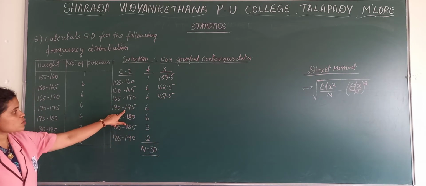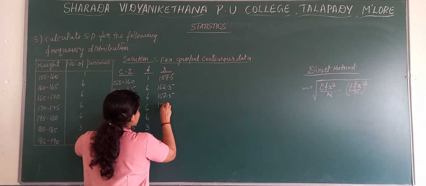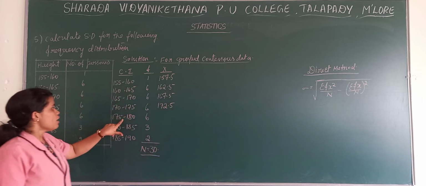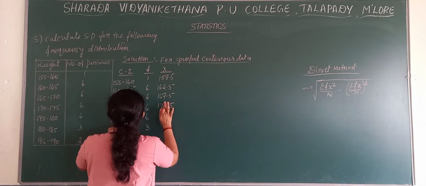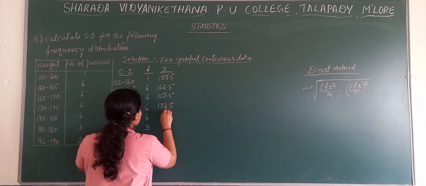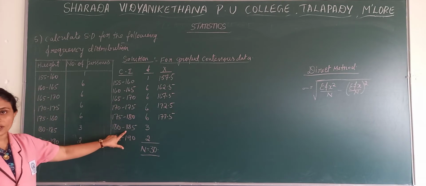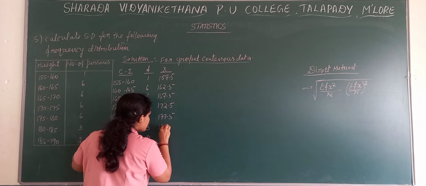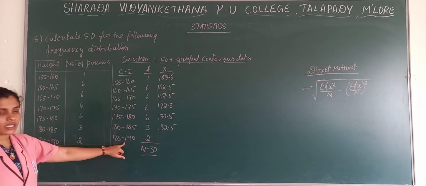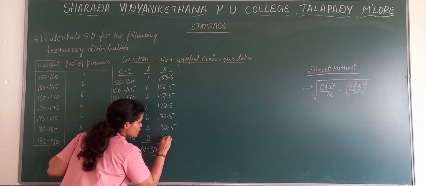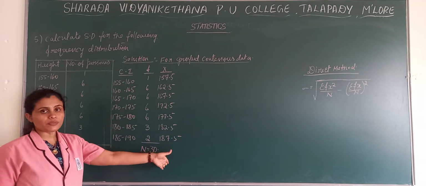Then 170 plus 175 divided by 2 gives 172.5. 175 plus 180 divided by 2 gives 177.5. 180 plus 185 divided by 2 gives 182.5. And the last one, 185 plus 190 divided by 2 gives 187.5. So these are the x values or mid values.